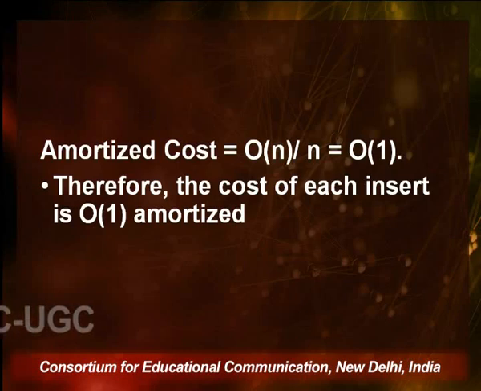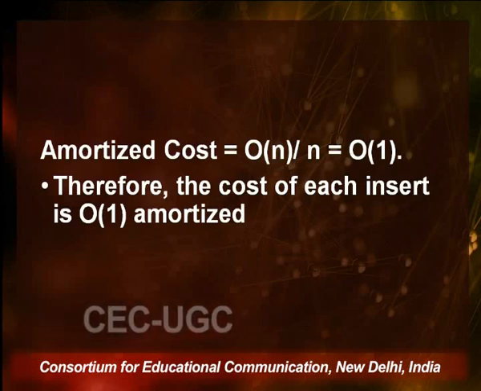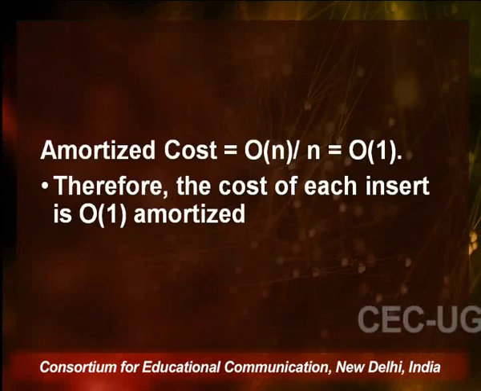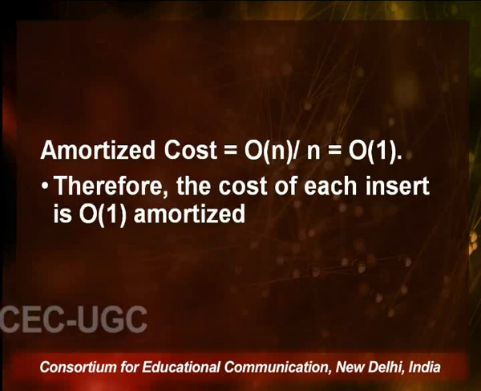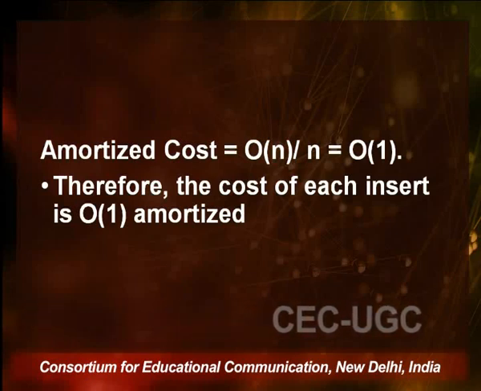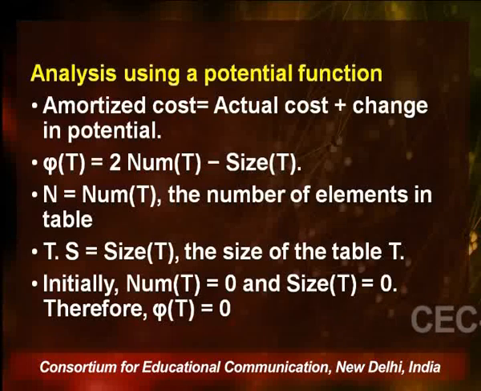So for n insert operations it is order n, and the amortized cost for each insert operation is order n divided by n, which is order 1. For n insert operations it is order n, and for one single operation it is order 1, and that is what we wanted to establish.